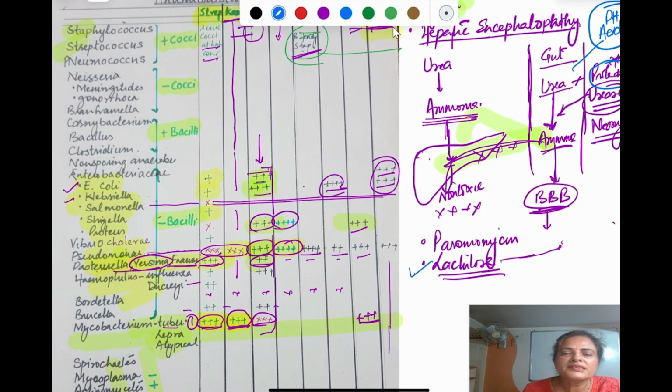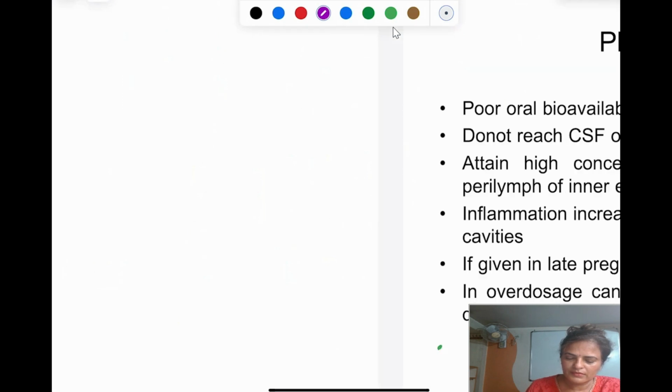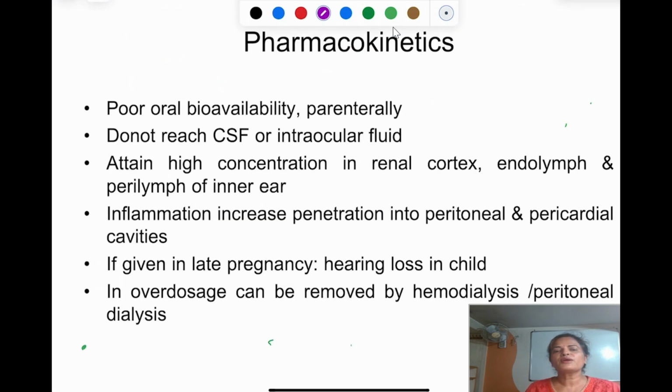So for hepatic encephalopathy, we have three drugs. One is neomycin from this group, then paromomycin, and the third one is lactulose. Then the important pharmacokinetics of this group. This drug we give by the parenteral route and it does not reach CSF or intraocular fluid.